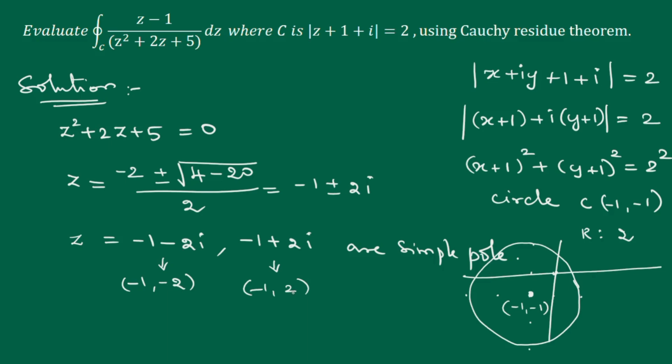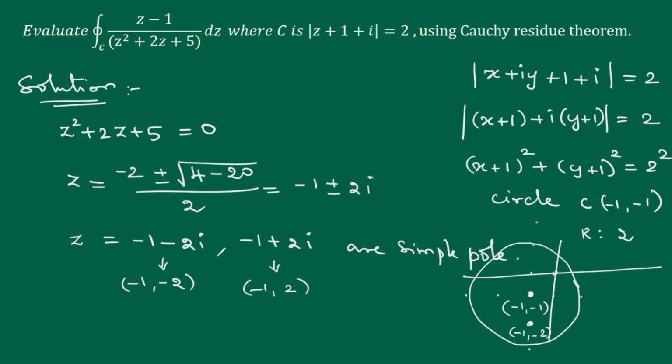So minus 1 comma minus 2 means this is the point. Where is minus 1 comma plus 2? Minus 1 is this, plus 2 will be here.